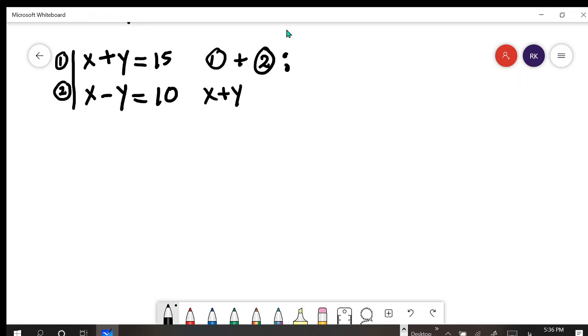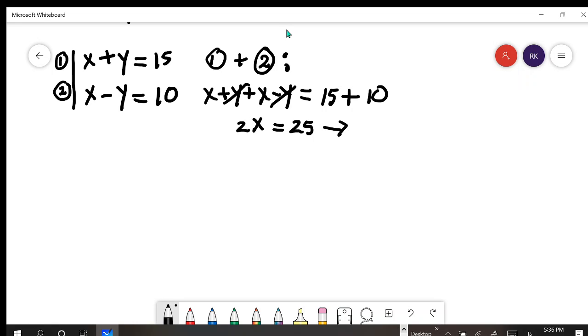So here's x plus y, and then plus x minus y equals 15 plus 10. Now here we get 2x equals 25. So x is 12.5. And that's the same x that we found by using the graph, right?